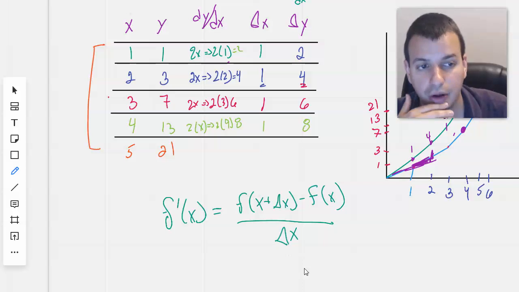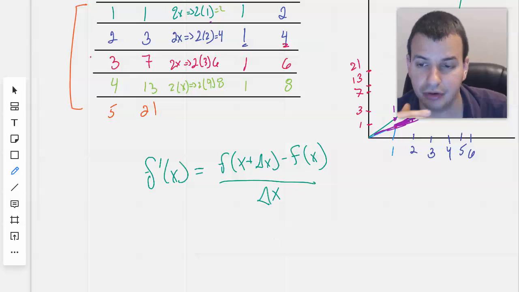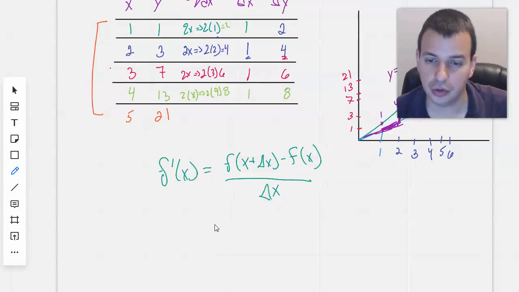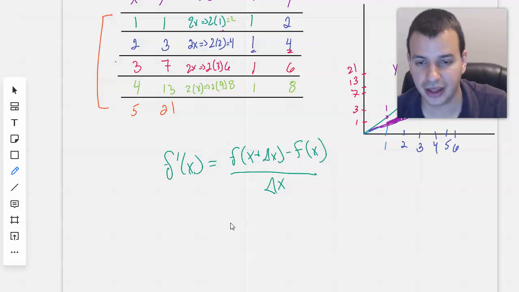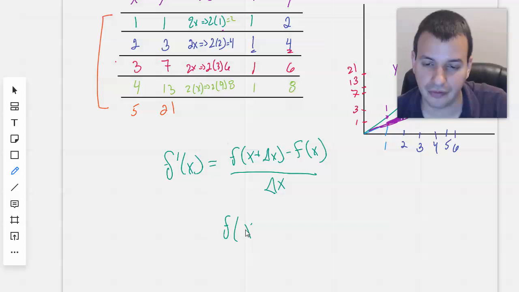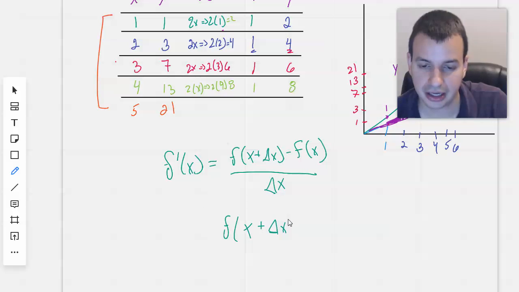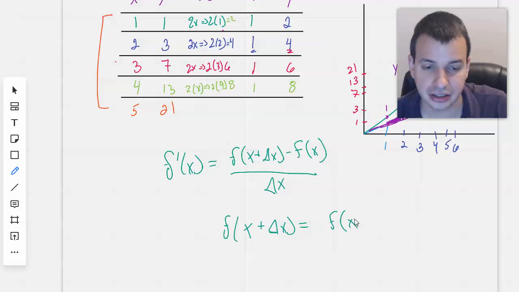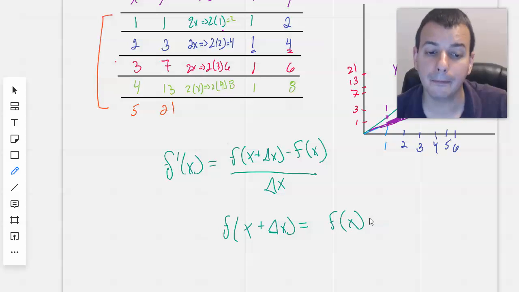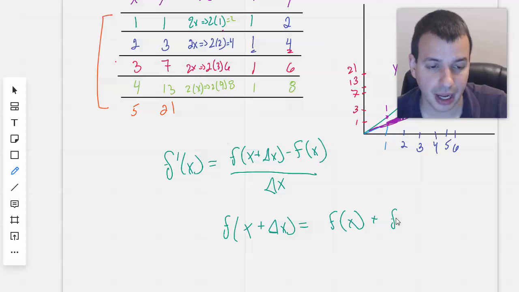You look at this and you're like, oh, yeah, that's the definition of a derivative. Well, if I rearrange this, move the delta x over and then move the f of x over, you have f of x plus delta x equals f of x plus f prime of x delta x.